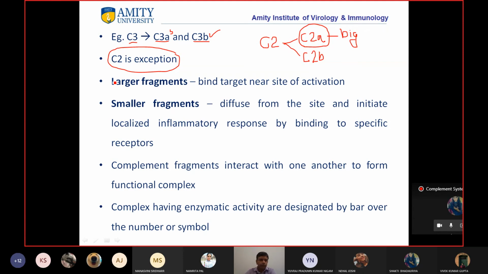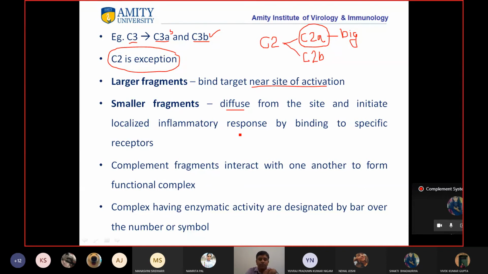So larger fragments bind target near the site of activation, whereas smaller fragments diffuse from the site and initiate a localized inflammatory response at that particular point, okay?